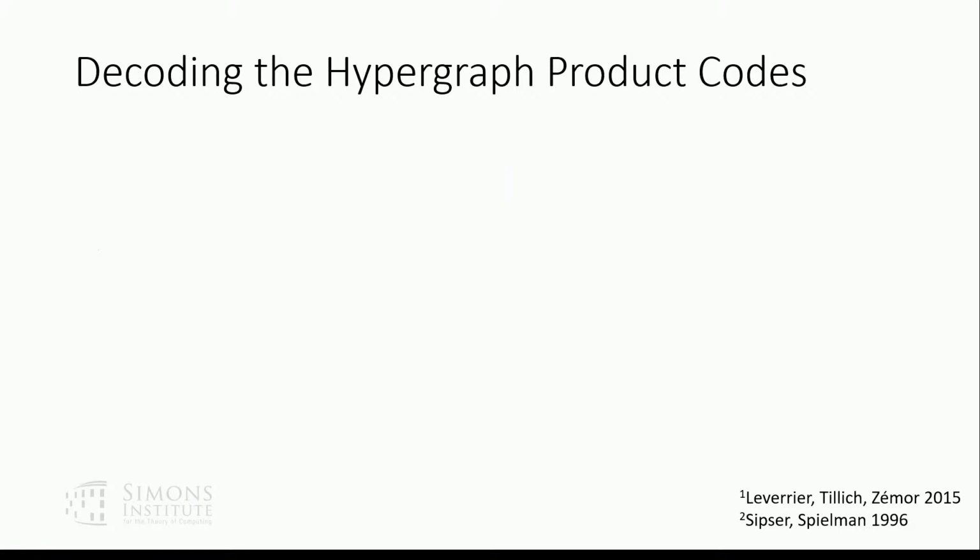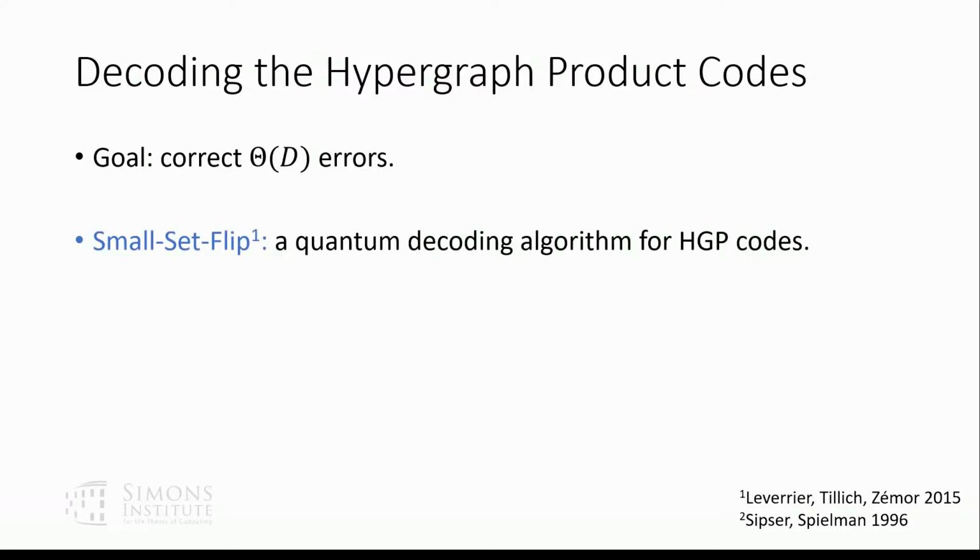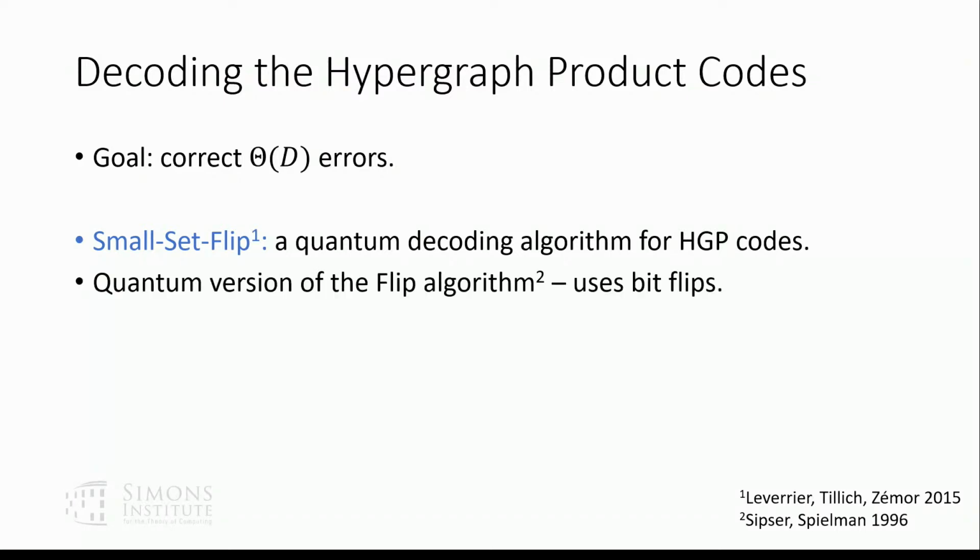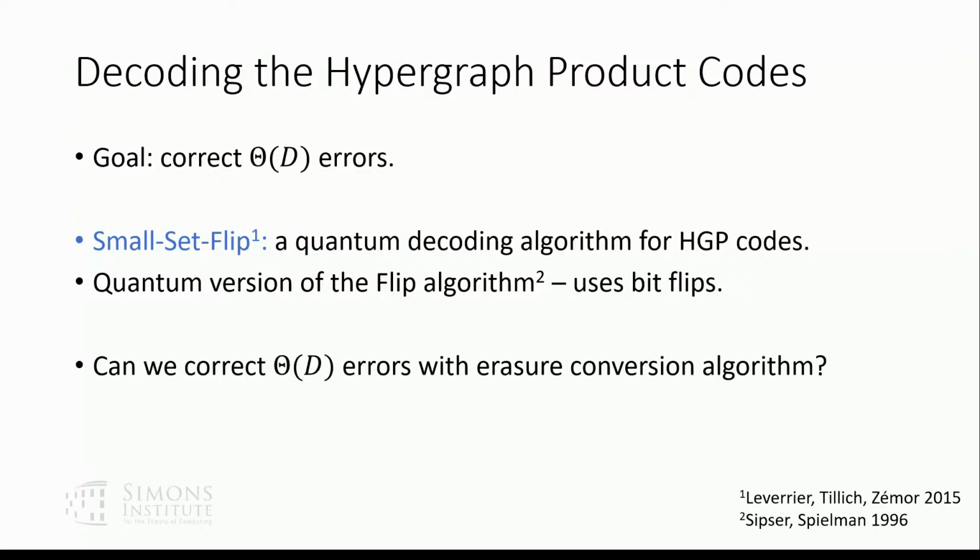So we want to decode the hypergraph product code, and we want to correct a linear fraction of the distance of errors. There is a generalization of the flip algorithm, which works for the hypergraph product code. It uses bit flips and is a generalization of the original flip algorithm that reduces the syndrome, the set of unsatisfied parity checks.